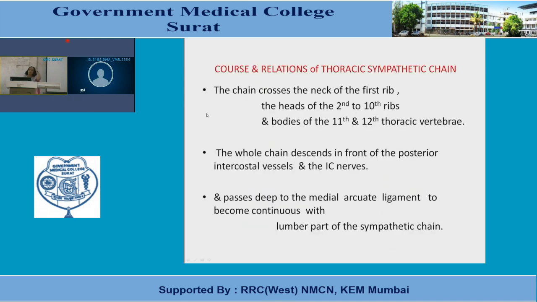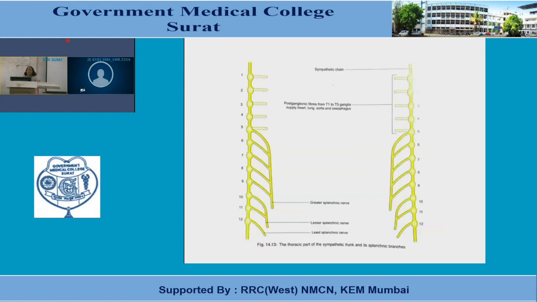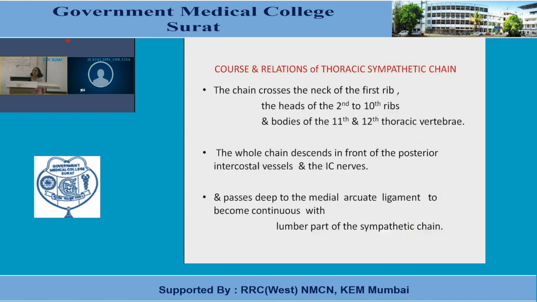Now what are the course and relations of the thoracic sympathetic chain? The chain crosses the neck of the first rib, obviously the posterior end of the typical rib, which articulates posteriorly with the vertebra and anteriorly through the costal cartilage connects with the sternum.